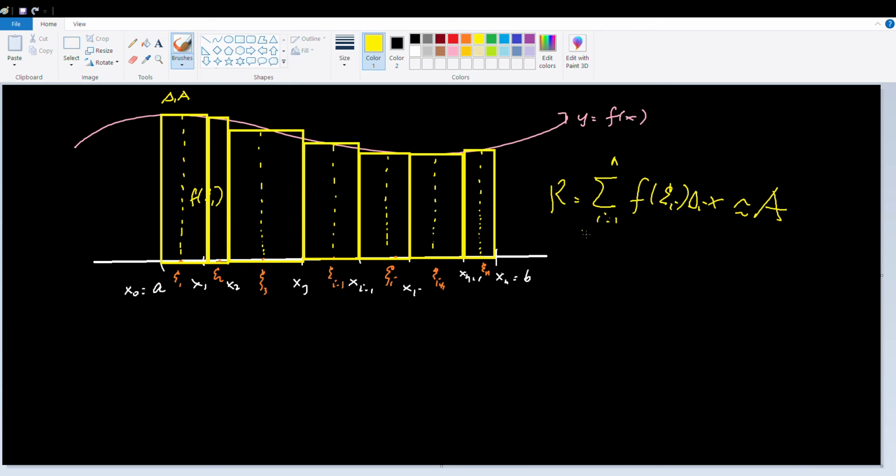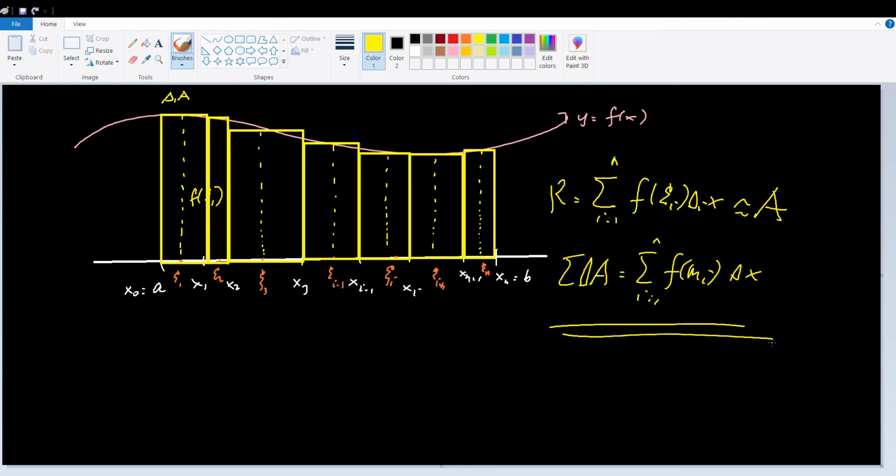So this is a generalization of our summation of delta A, which is the sum of f of m sub i delta x, i from 1 to n. So this is also a Riemann sum. But it uses regular partitioning because delta x is constant from one interval to another. Okay? So let us have an example.